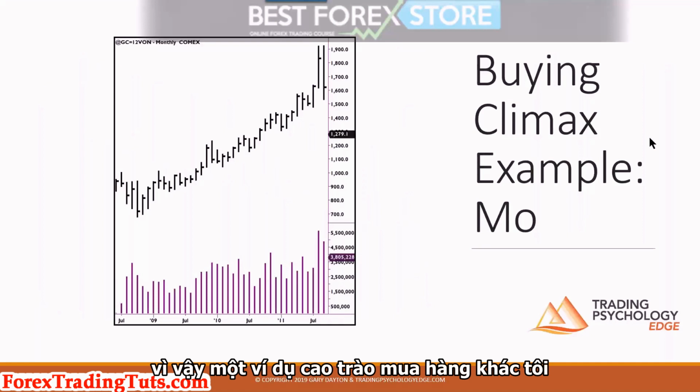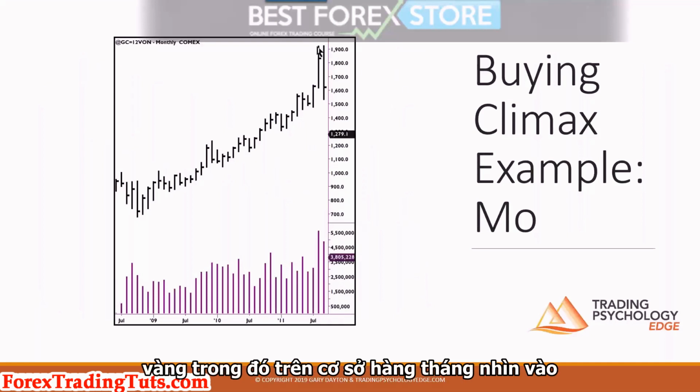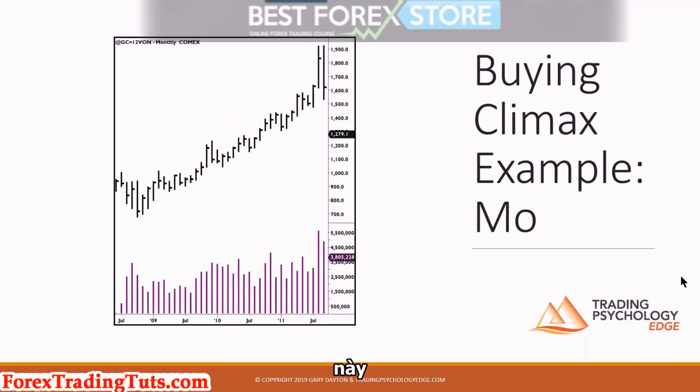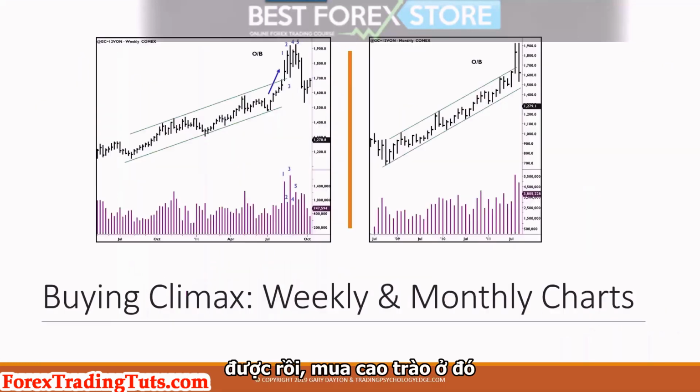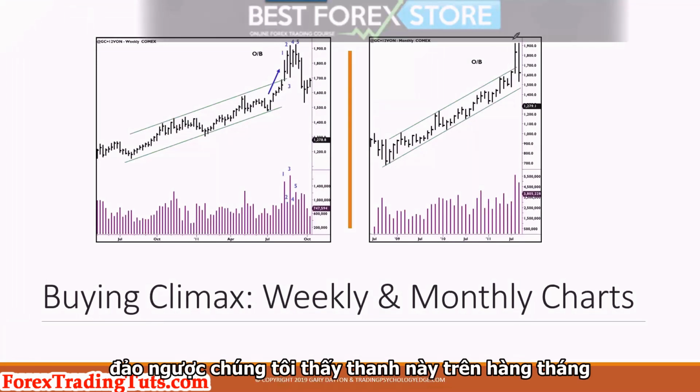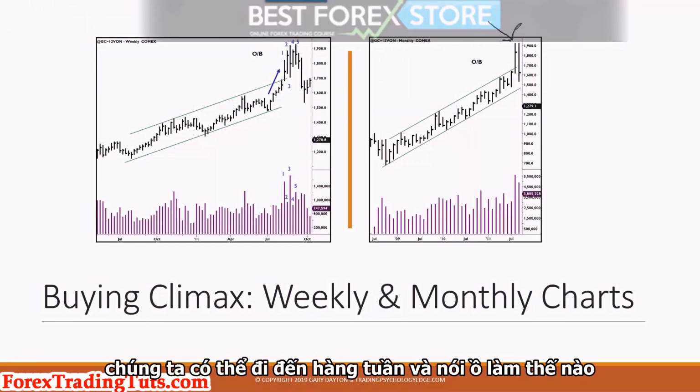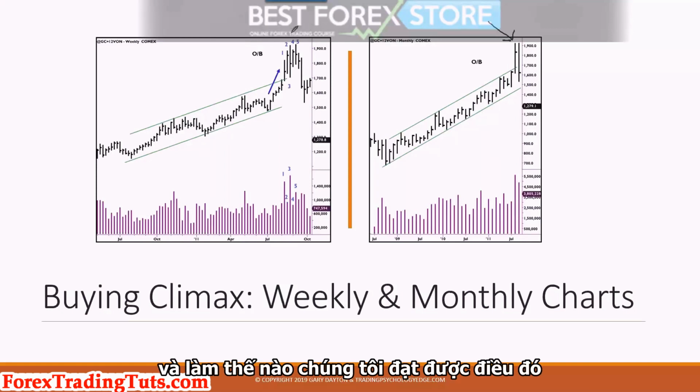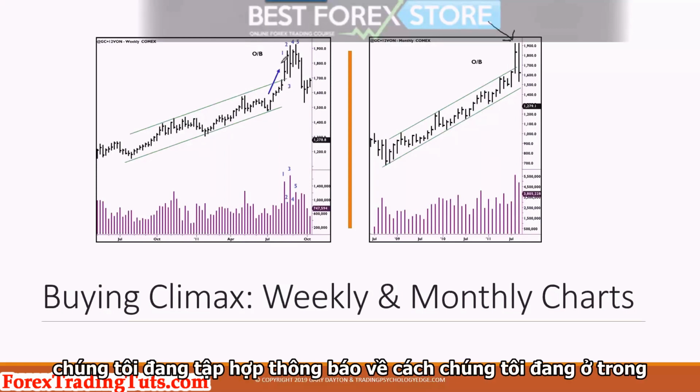So another buying climax example. I remember this one. This one's a while ago in gold, where on a monthly basis, look at this. Okay, buying climax there. That was huge. All right. So we can do a little bit of reverse. We see this bar on the monthly, we can go to the weekly and say, oh, how did we get there? And how we get there, we're rallying up.